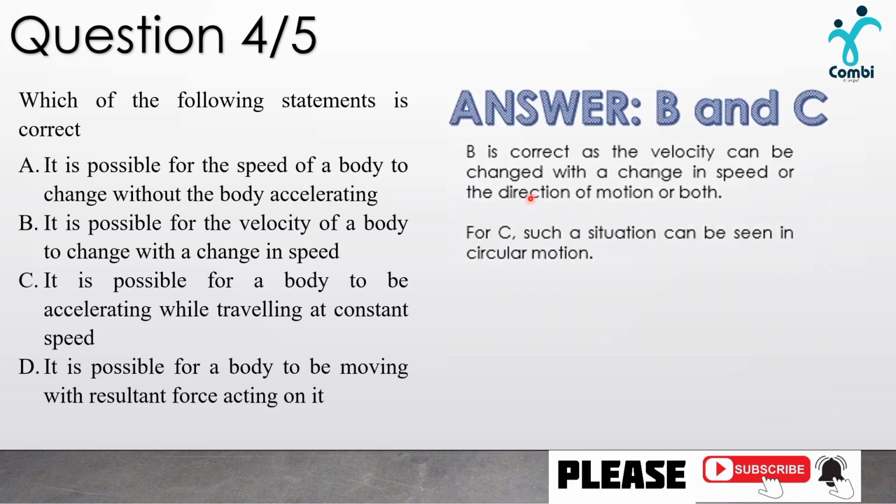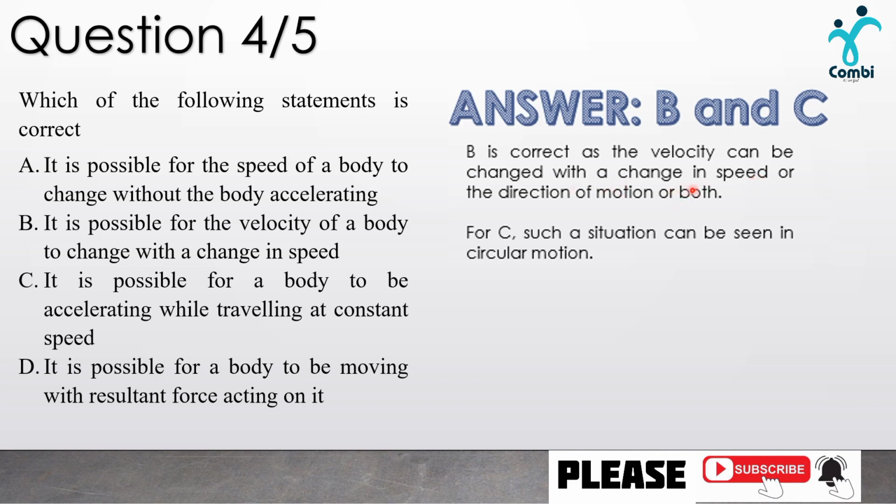Okay, so here, answers B and C actually are correct statements. B is correct. What is B? It is possible for the velocity of a body to change with a change in speed. I think we saw this earlier, right? B is correct as the velocity can be changed with a change in speed, or the direction of motion.